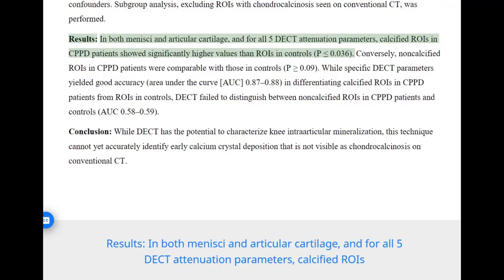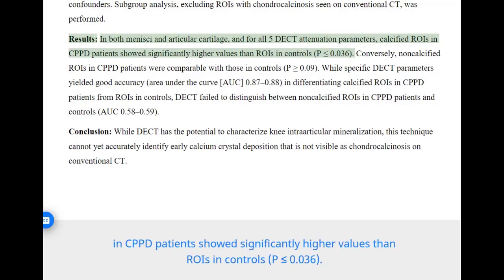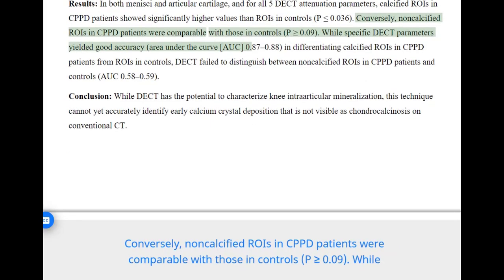Results: in both menisci and articular cartilage, and for all 5 DECT attenuation parameters, calcified ROIs in CPPD patients showed significantly higher values than ROIs in controls, p < 0.036. Conversely, non-calcified ROIs in CPPD patients were comparable with those in controls, p > 0.09.